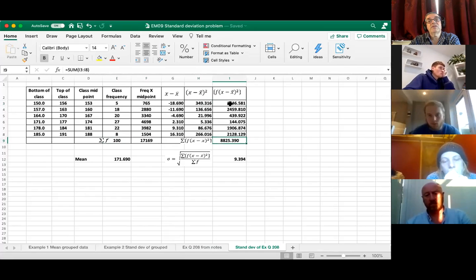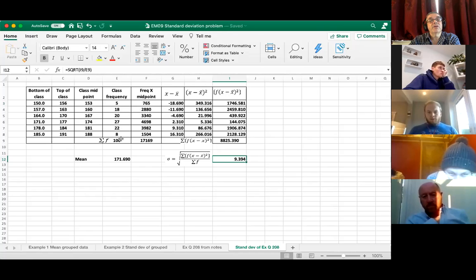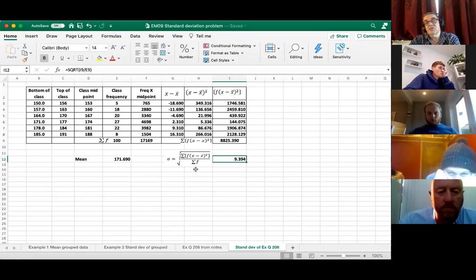We sum up all this column here to get the 8,225, and then this formula here is the square root of I9 divided by E9 to give us the standard deviation.